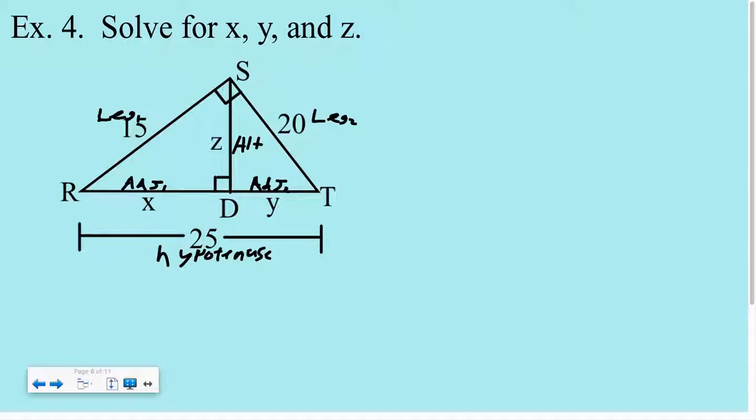Lexi, you got a value solved? I got x. Okay, go for it. Put it up on the board for me. Yes, of course. With the proportion. You can just start with the x part after you plug it in.